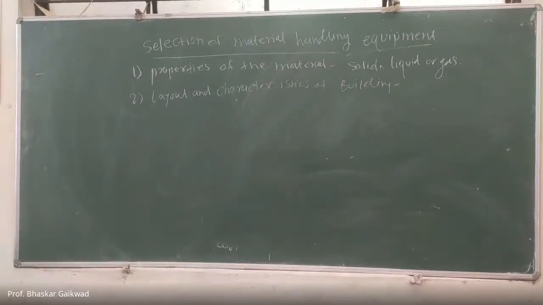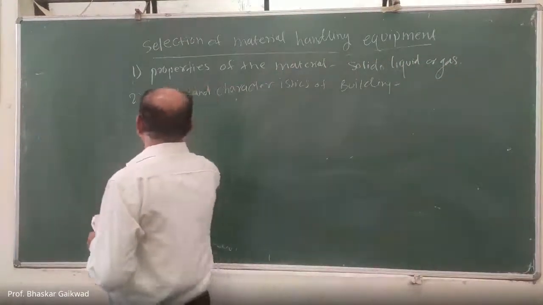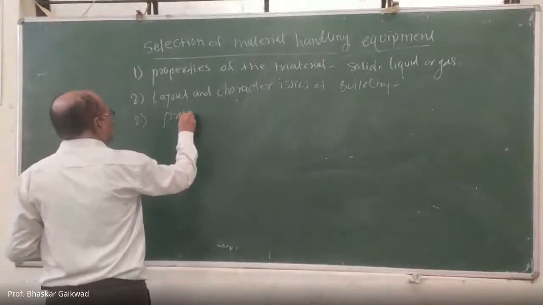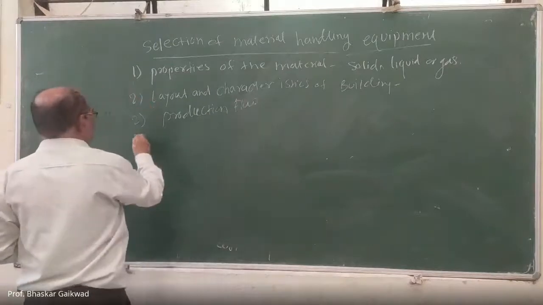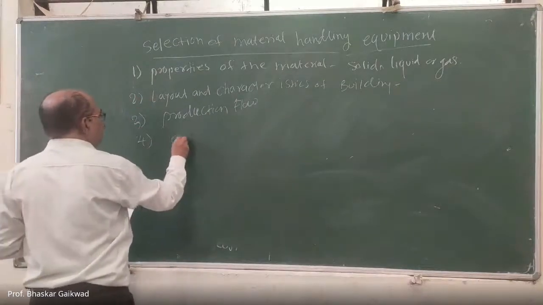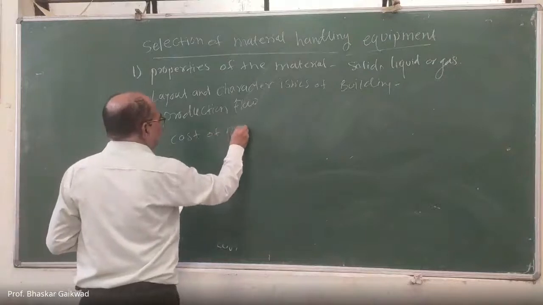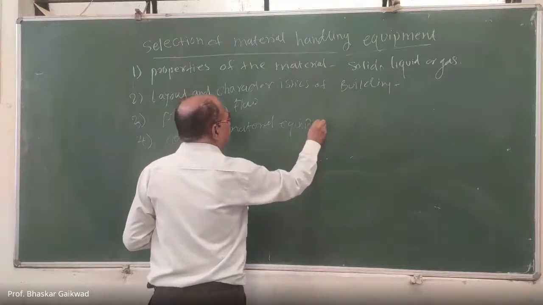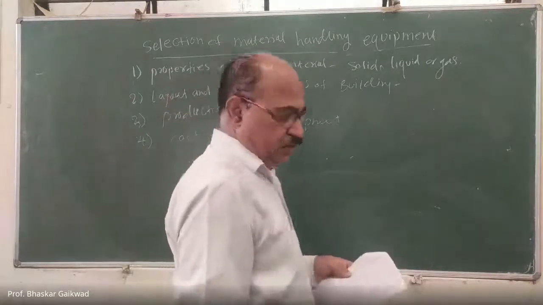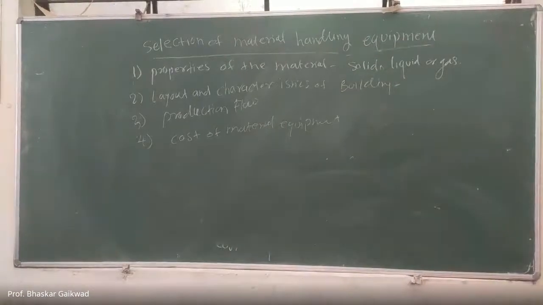Then production flow, whether it is continuous or discontinuous, and then the cost of material handling equipment. If production flow is continuous, we can use a conveyor.